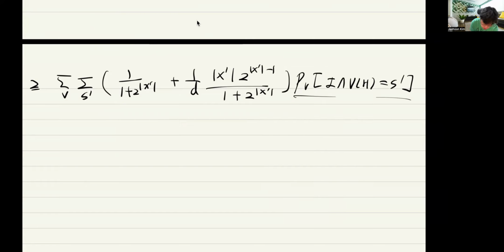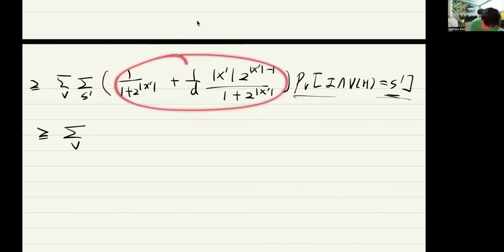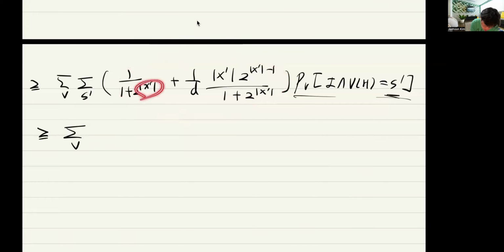Then what? So out of all this S prime, you consider when you get this smallest. As we only care about the size of X, we can simply just take the minimum one. So the minimum X, which gives you the minimum of this.